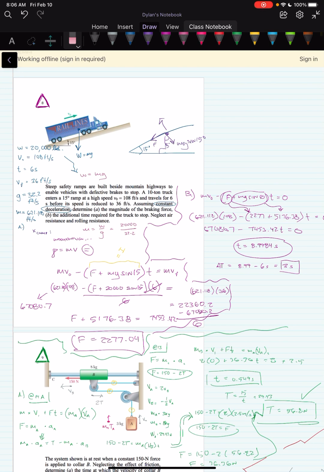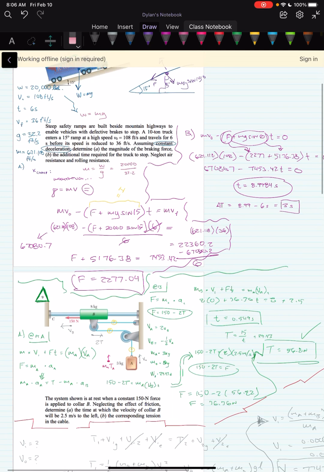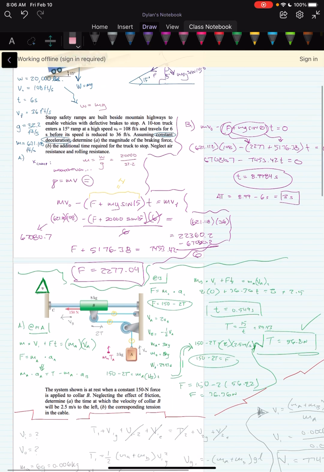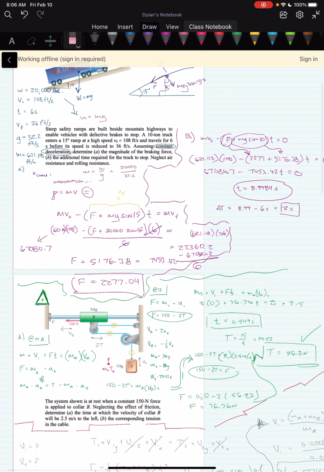I know that the impulse is the force times the mg, basically, with respect to time. And so I was able to solve for the force, and then part 2 asked for the time.